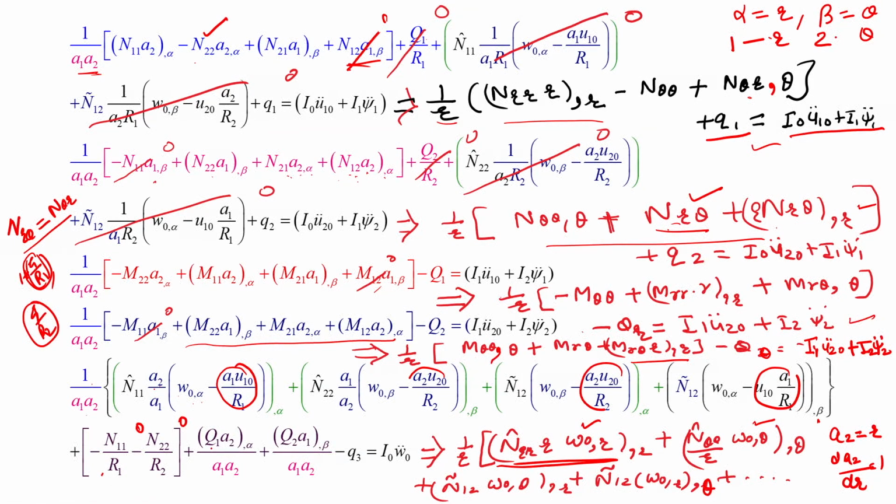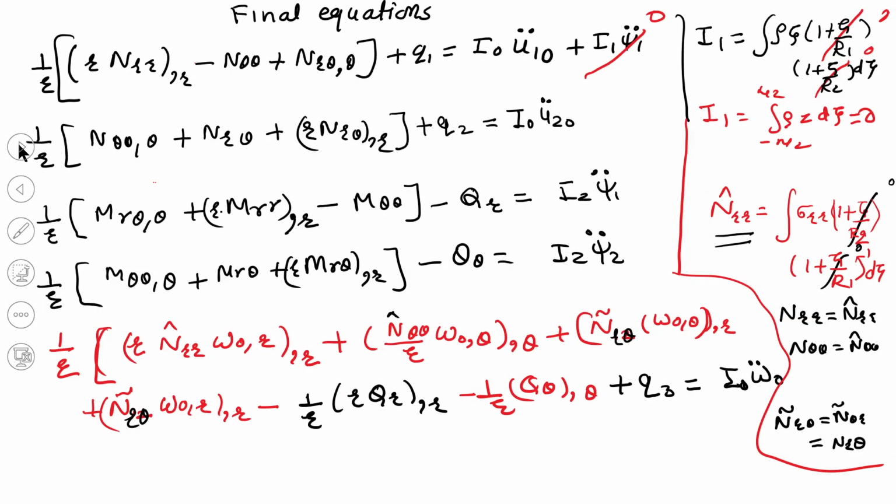Here q r comma r upon r. So, 1 over r, q r comma r plus q theta comma theta upon r. So, basically r is not a function of theta here, 1 over r and here 1 over r will also come up.